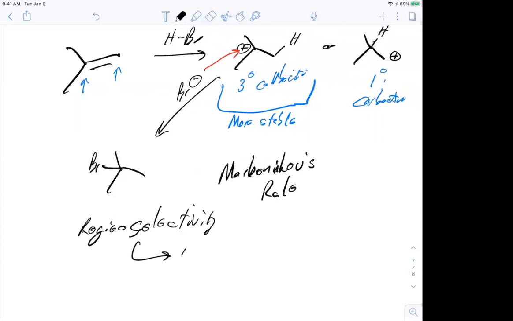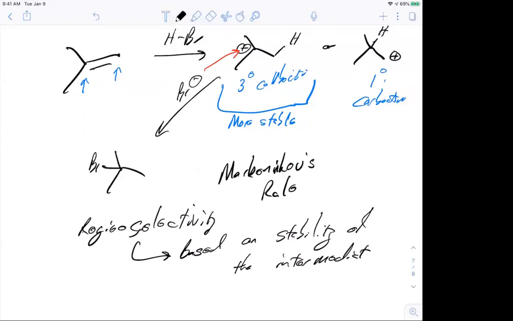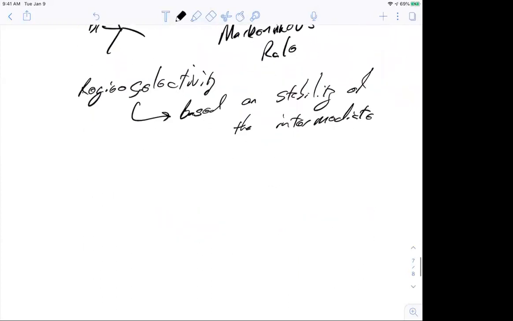That is based on the stability of the intermediate. So let's try that. I'll give a couple. You tell me which side is going to have the bromine.